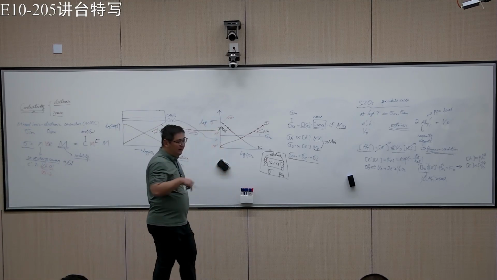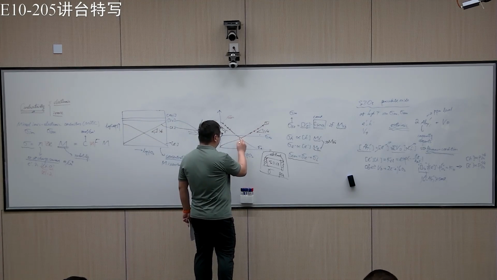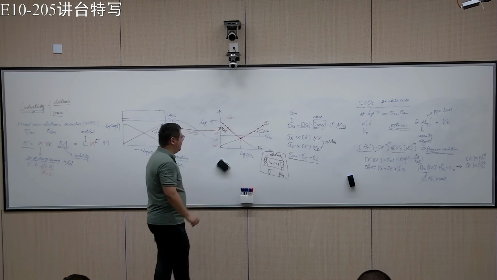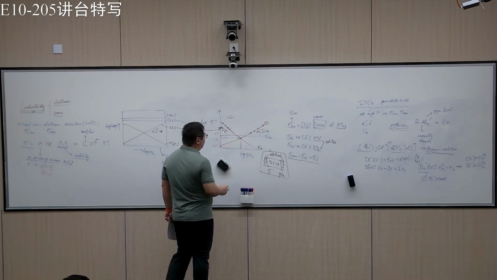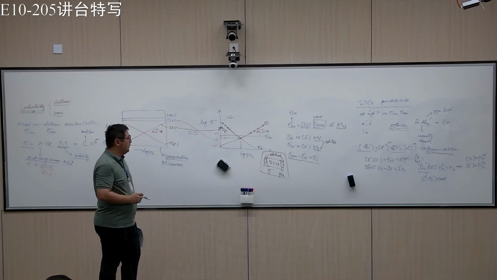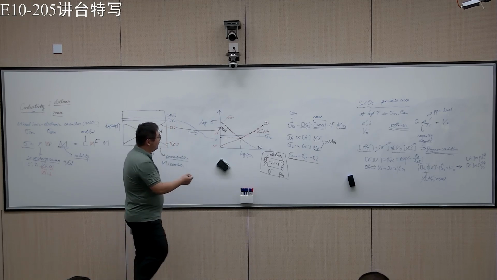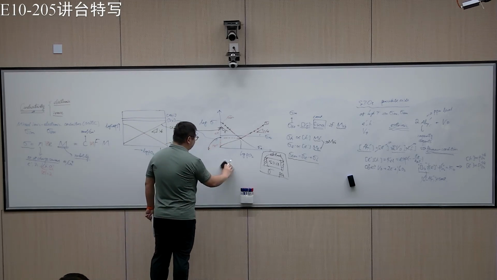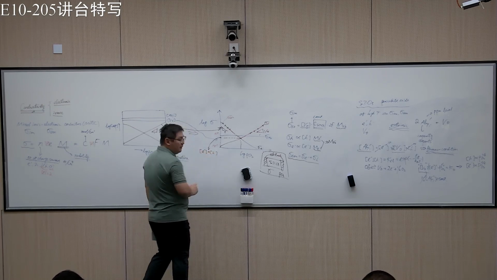And another thing is like if we can measure the lowest point. So for example, if we can measure something like this one. So this point is special. So at this point, this one is equal to that one.